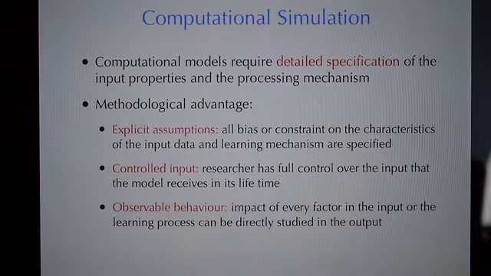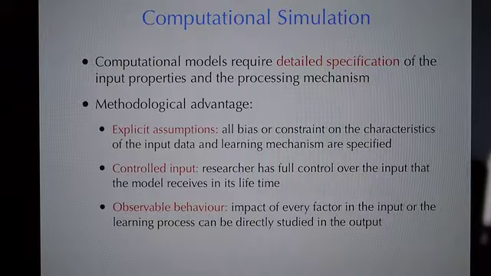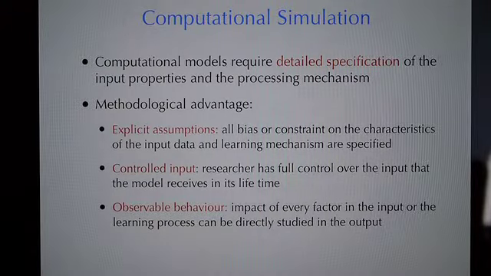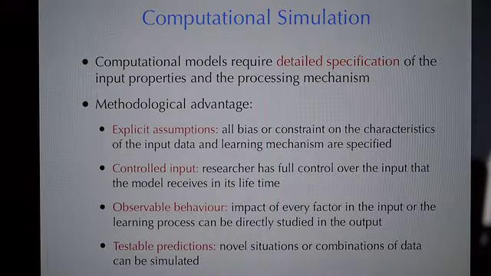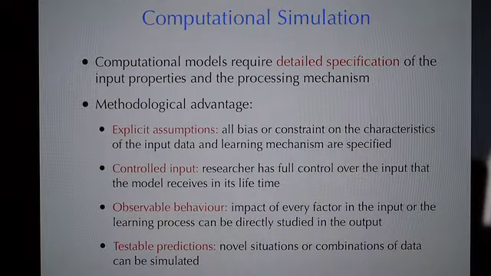It gives you the advantage of being able to observe the behavior as a result of changing aspects of the learning mechanism itself, and it allows you to test novel predictions about novel and understudied situations. And on top of all that, you have to make all your assumptions explicit in a computational model, which is a major advantage, because then there is no vagueness or doubt about why certain things happen.